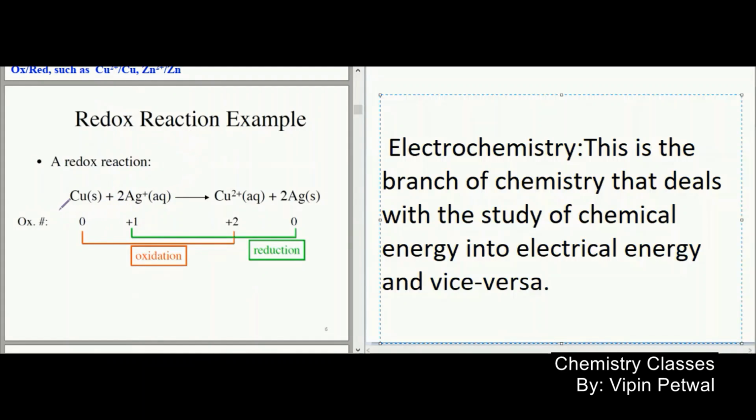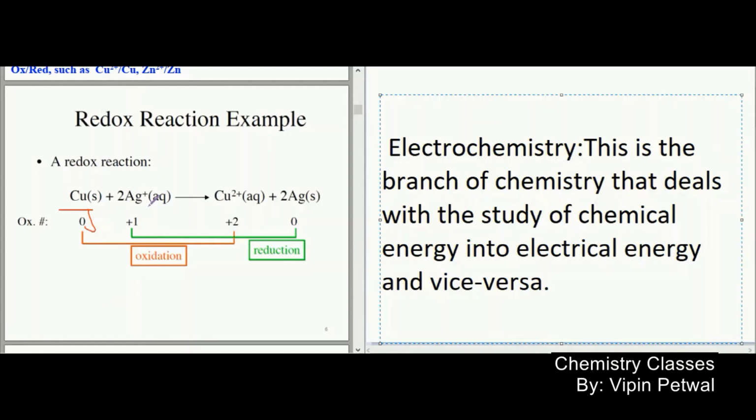We can see in this reaction, this is the redox reaction. Okay, this copper is removing electrons from itself because it has oxidation state 0. It has 0 oxidation state, and at the same time here we can see in case of the silver it has oxidation state +1.